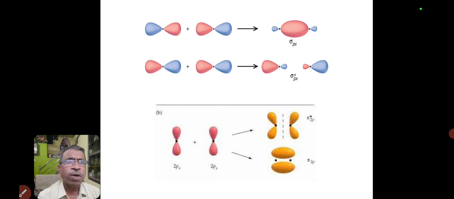In the case of the anti-bonding pi orbital, between the two nuclei we don't have any electron density. So that will be the shape of the pi bonding and pi anti-bonding molecular orbitals.